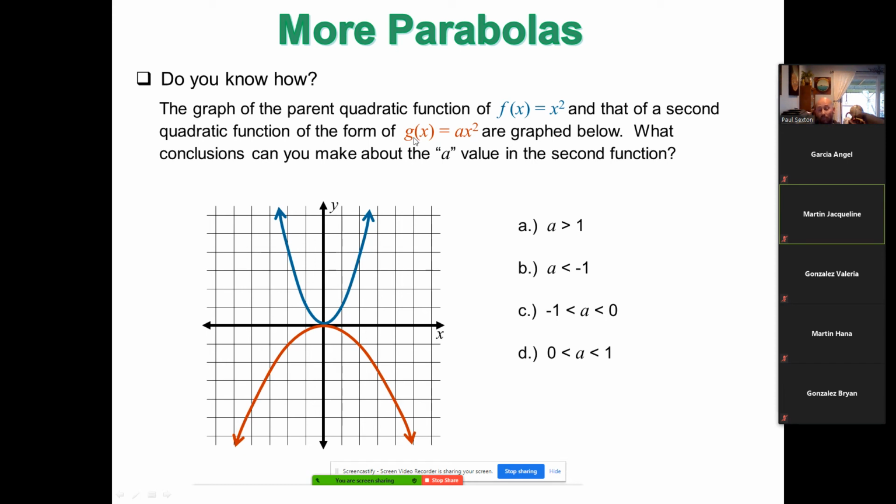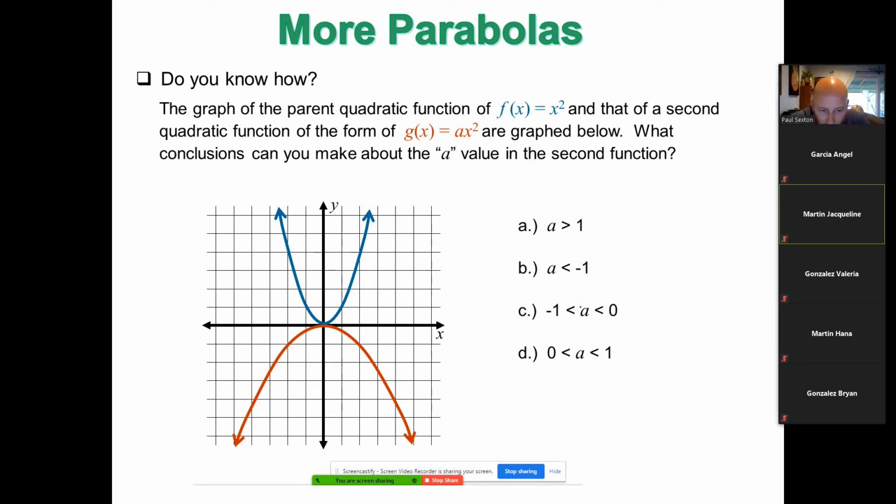And if Mr. Sexton was a function, he would be g. But we don't give you the a value. We say it's just ax squared. It could be some a. And it's graphed here. What conclusion can we say about this a value because of this graph compared to the parent function? Just to help you, these answers here are real mathy.